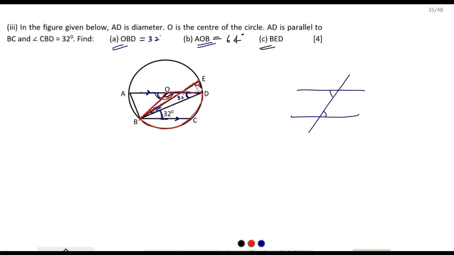It means this angle will be half of this. So we can find its value using this concept.